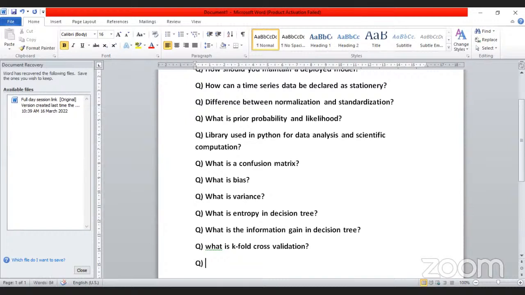Okay, so now we go to today's next question. What is the F1 score and how is it calculated?